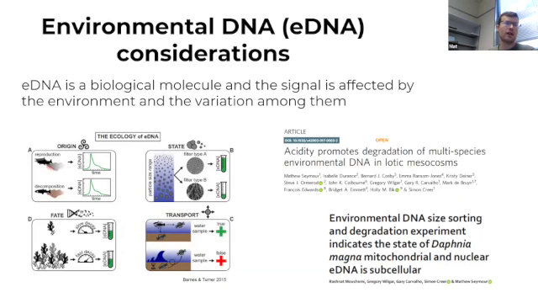Also, the fate of eDNA will differ between species in different environments. This can be due to either the population size of an organism, or the actual environmental condition of the given site. We found acidity to be a key factor in one of our papers. Transport of eDNA will also differ across different environments.